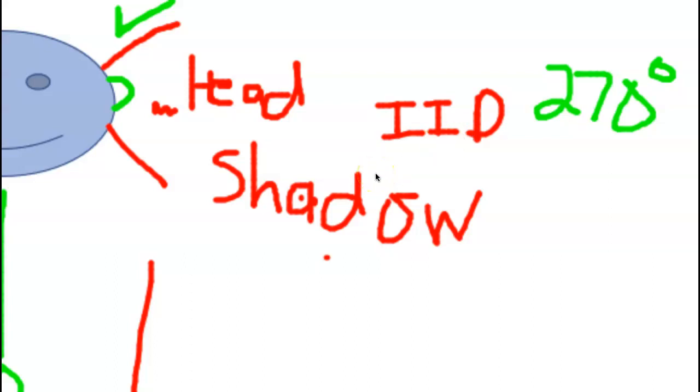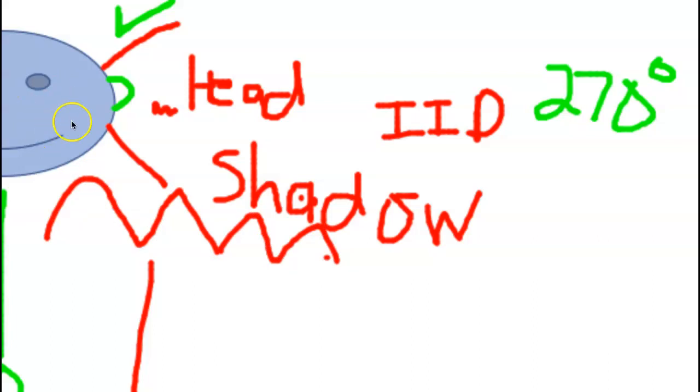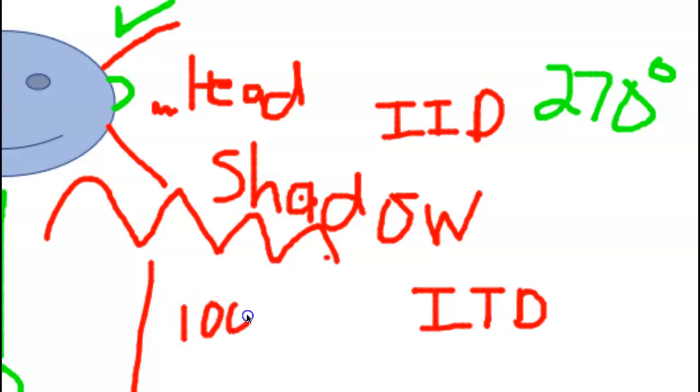Now, if we had a 100 hertz tone, let's say we were doing the same thing, that 100 hertz tone would have longer wavelengths and would travel around the head easier. So less would be diffracted. So interaural timing or phase differences would be very important for, let's say, a 100 hertz signal.